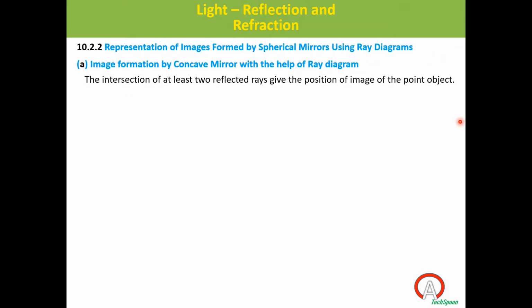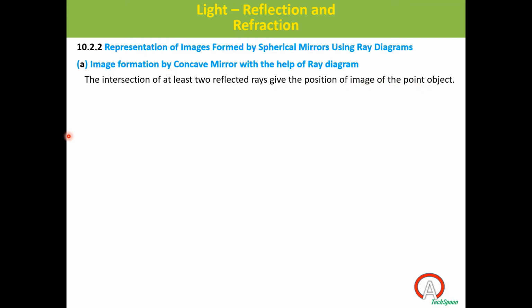Below that, write down the intersection of at least 2 reflected rays. The intersection of at least 2 reflected rays gives the position of the image of the point object.